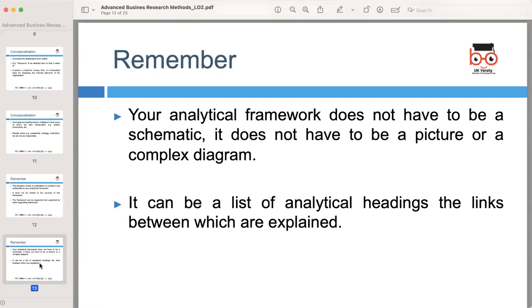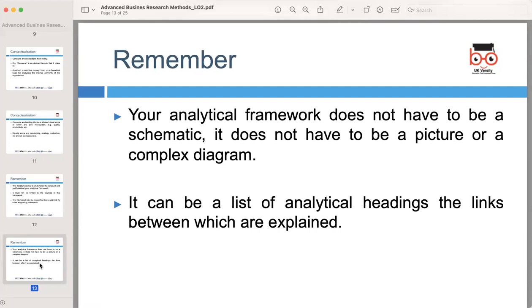So an analytical framework provides a structure for our analysis, helping us break down complex problems into manageable components. It acts as a roadmap, guiding us through the analytical process and ensuring that we consider all relevant aspects. By using an analytical framework, we can enhance our critical thinking skills, improve decision making, and communicate our findings more effectively.